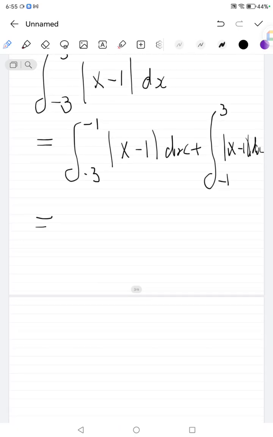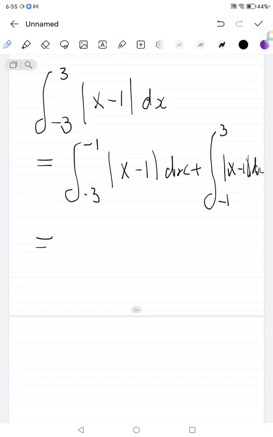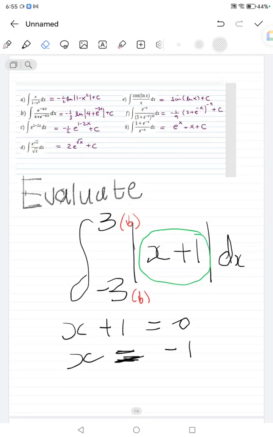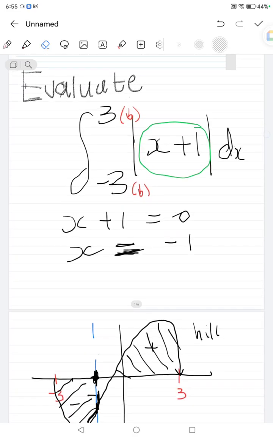So I think I can just write it on this one. Now, is the absolute function not x plus 1? Is it x plus 1? Excuse me, let me quickly go and check. Oh, x plus 1, sorry for that.